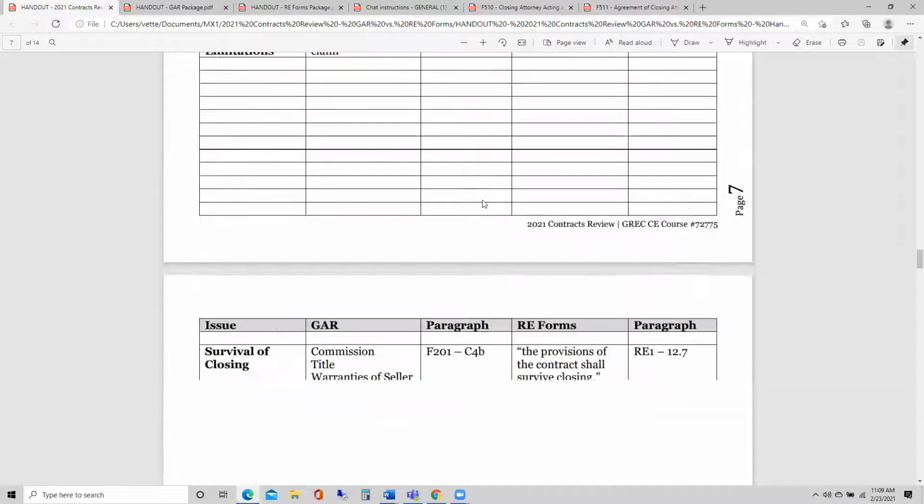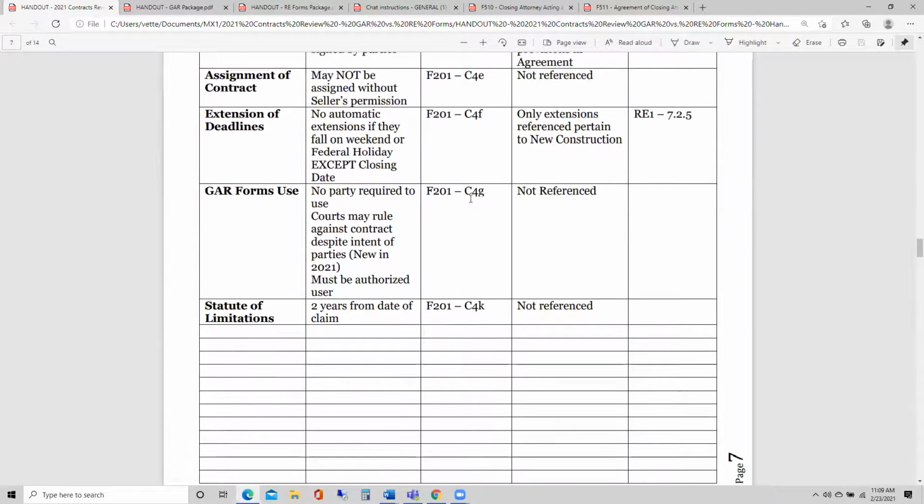It goes on to say in the GAR contract package, no party is required to use the specific GAR contract. And in 2021, GAR added that the courts may rule against what's in the contract despite the intent of the parties, brand new in 2021, and that you must be an authorized user of the GAR forms.